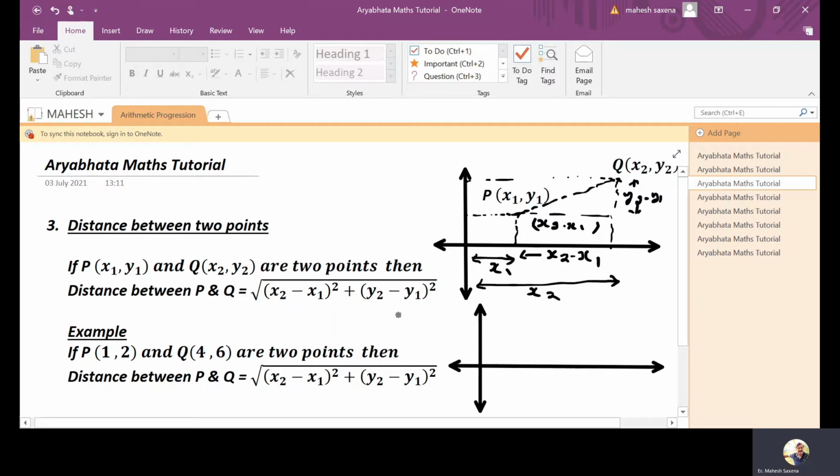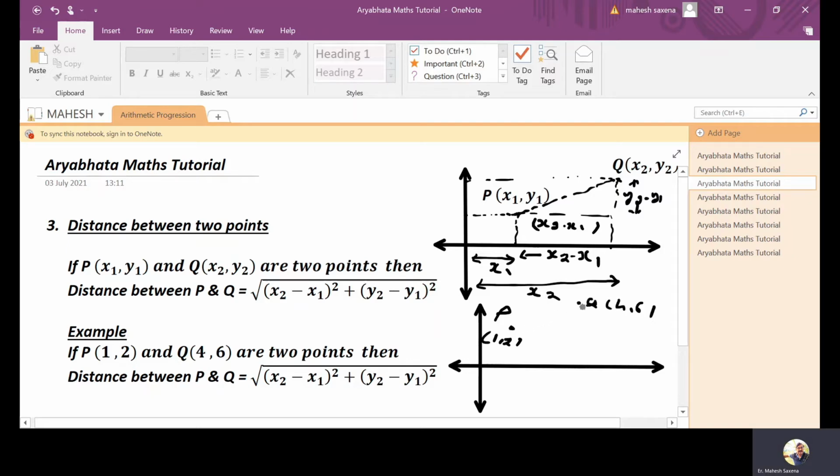Now we take an example. Suppose point P is (1, 2), that is, this point is P, (1, 2), and point Q is (4, 6).